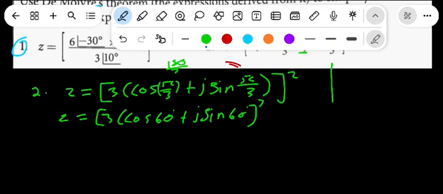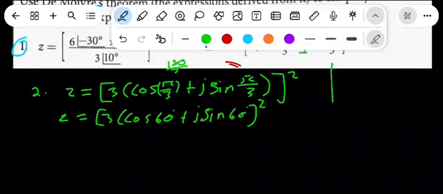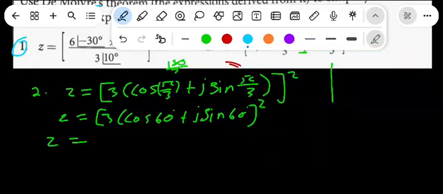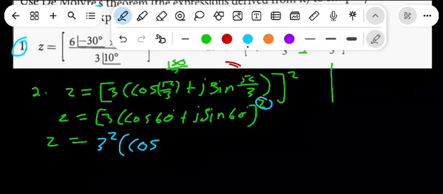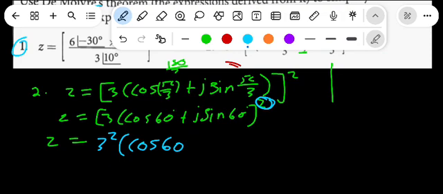All of this is raised to the power of 2. Using De Moivre's theorem, we raise 3 to the power of 2 and multiply the angle by 2.